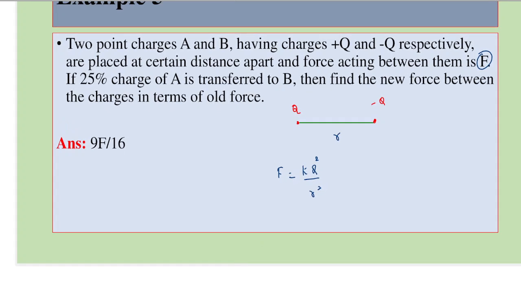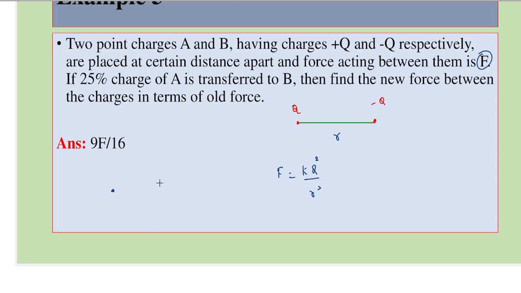Now what is happening is, it says 25% of charge of A is transferred to B. So if you look at these as two objects, the charge going from here would be 25% of Q. We'll take as point charge only.